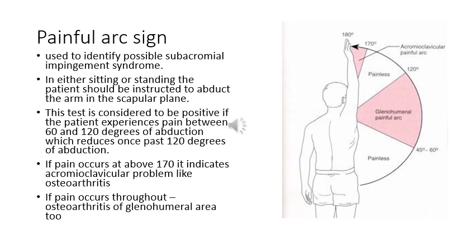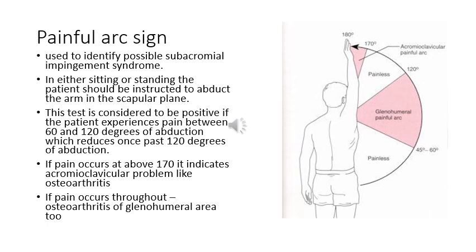While raising, initially the patient has no pain, and when it reaches around 60 degrees the pain starts, and he continues to raise if he is able to. If he is not able to, you have to stop, but if he is able to lift, he can lift up, and when it reaches 120 degrees of abduction the pain reduces again.